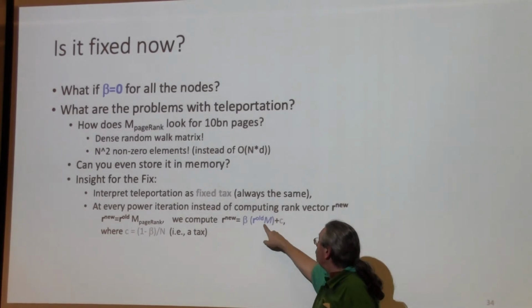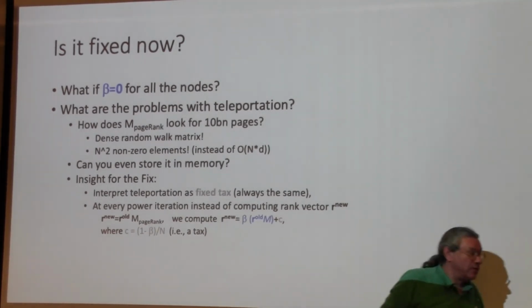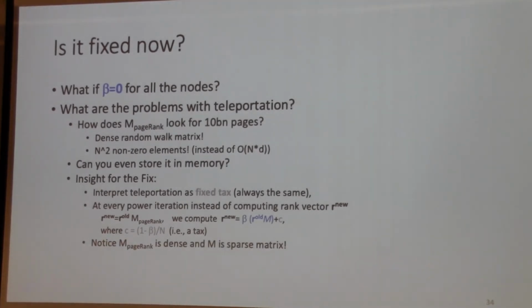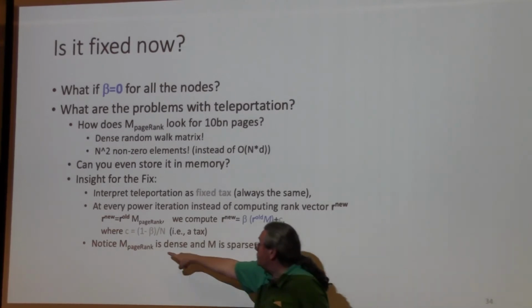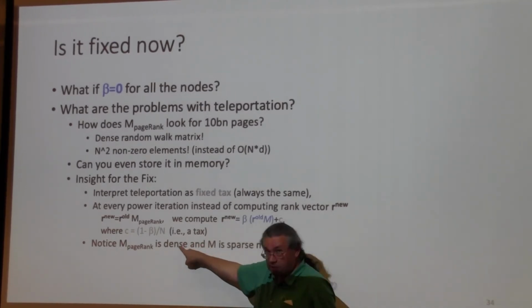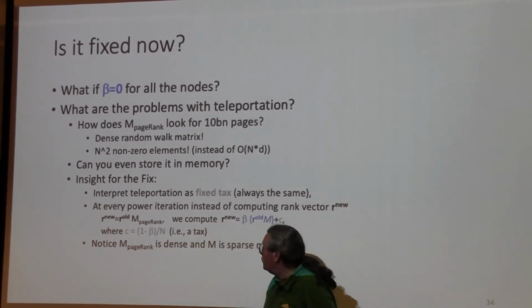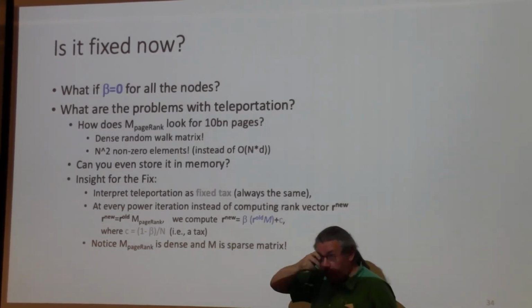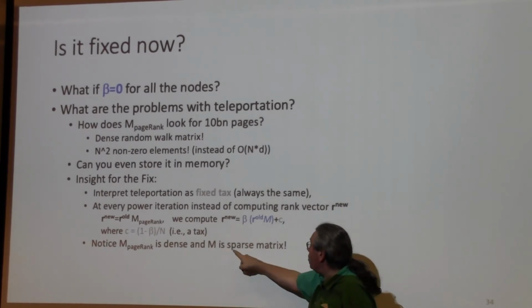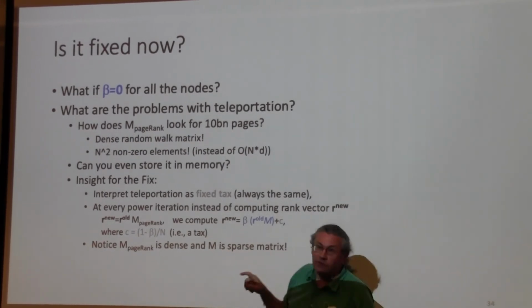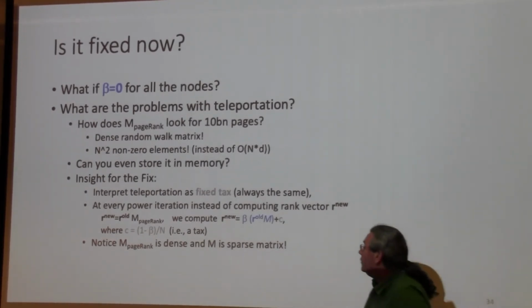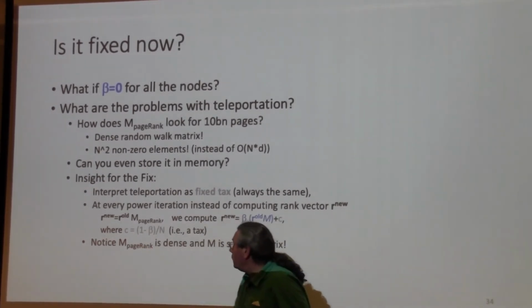If you look at the number of non-zero entries, it's much easier. So the PageRank matrix is dense. It has 10 billion times 10 billion non-zeros. But M is only a small multiple of 10 billion. This is called a sparse matrix. Une matrice creuse in French. This is a dense matrix.